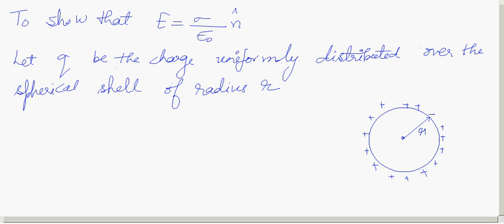And if I consider a small area over here, because it is plus charge, the electric field is going normally outward, and ds is also along E. And also given unit vector n.